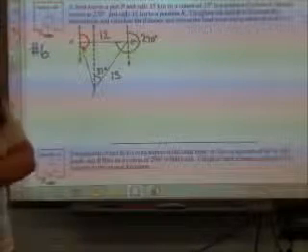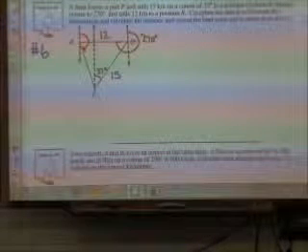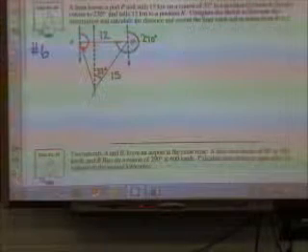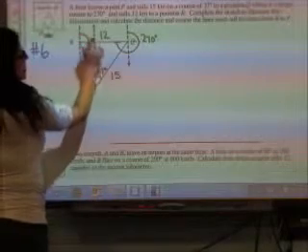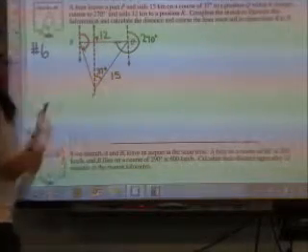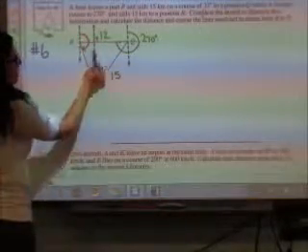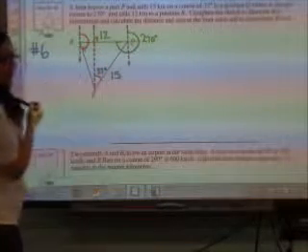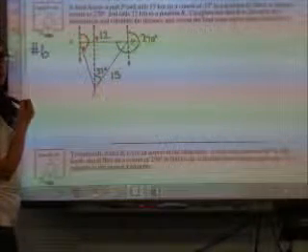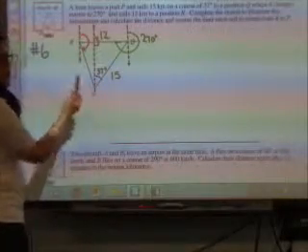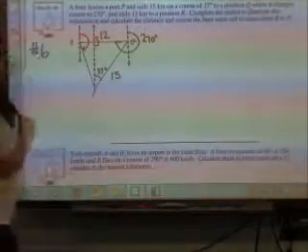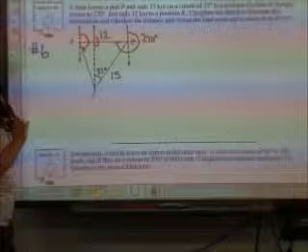So take a couple of moments and see if there's information you can figure out about any part of this triangle. Let's say we call this point T. What can you tell me about triangle PTQ? What kind of triangle is it? It's a right triangle because this, if it goes due north, is going to cross this at a perpendicular line.